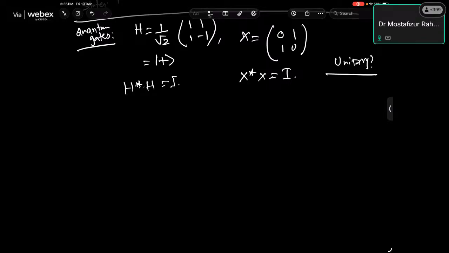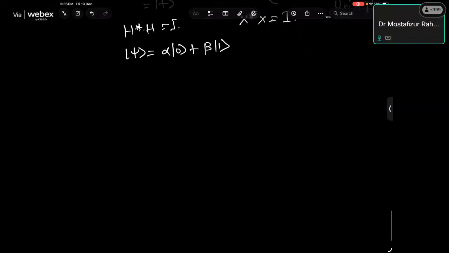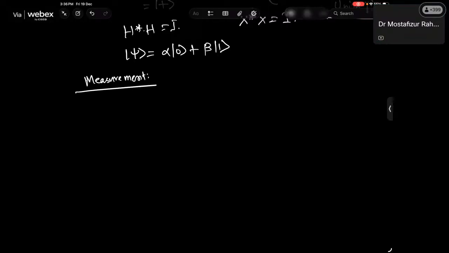Now, we represented the state as alpha times |0> plus beta times |1>, for example, in one qubit particular example. And one more basic introduction is required on the measurement. To measure a quantum state, suppose what is this particular probability alpha, you just need to do a mathematical projection, right?